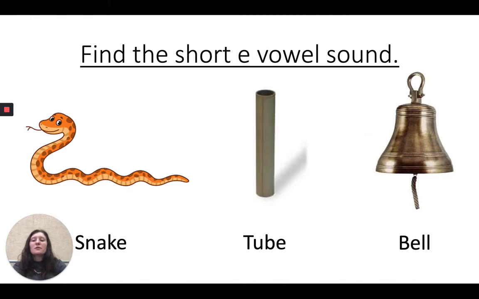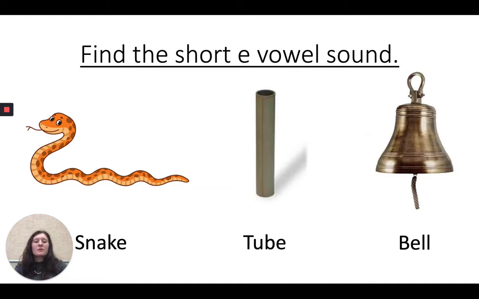So first, we're going to find the short E vowel sound. So we have snake, tube, or bell. So remember, we're looking for the short E vowel sound.